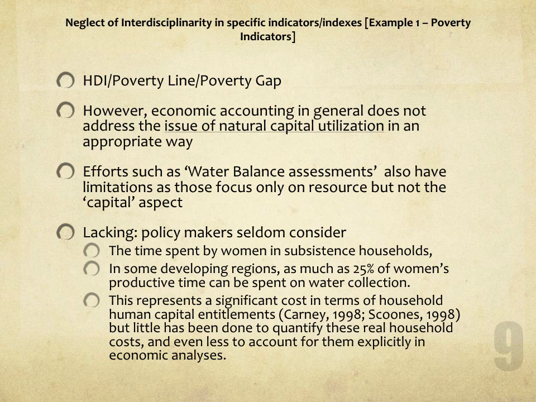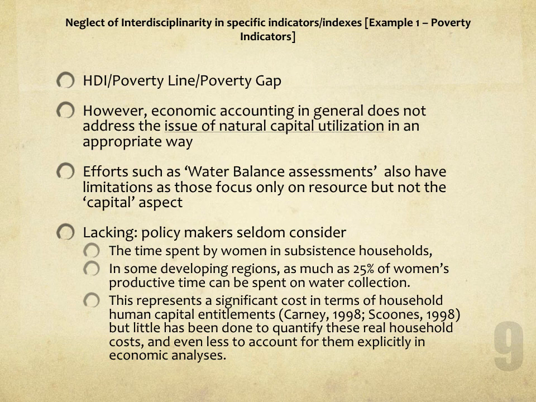So, human development index, poverty lines, poverty gap, these kinds of indicators are purely economistic, those lack the social, natural, engineering, physical sciences. There is no reflection of the kind of rationale those disciplinary thinkings would create. But one needs to go beyond that. Economic accounting in general does not address the issue of natural capital utilization.